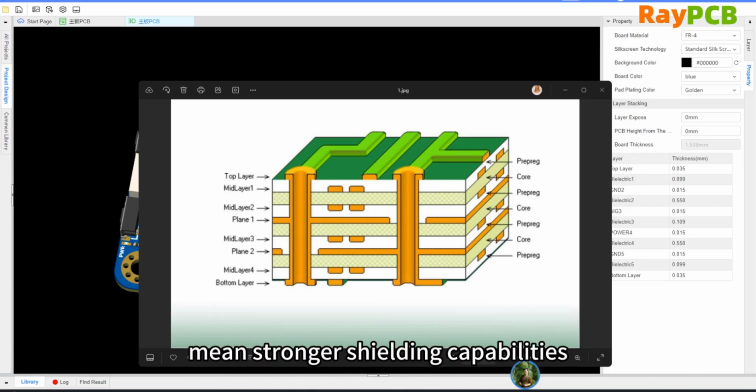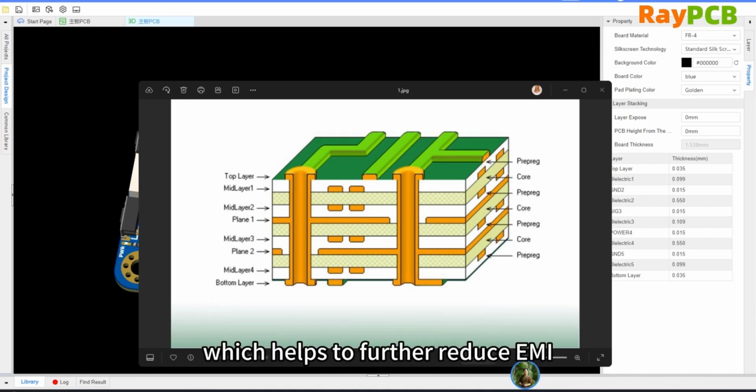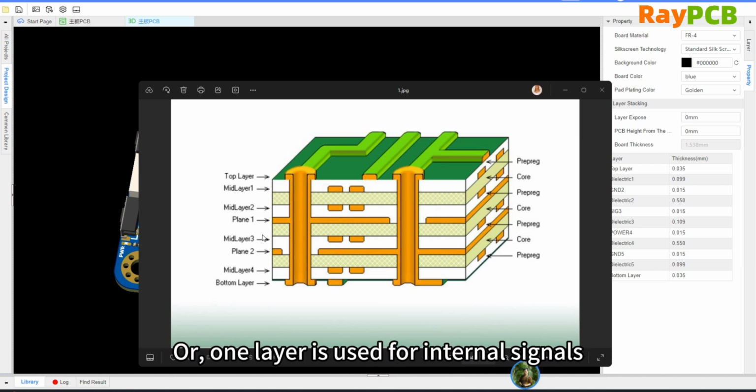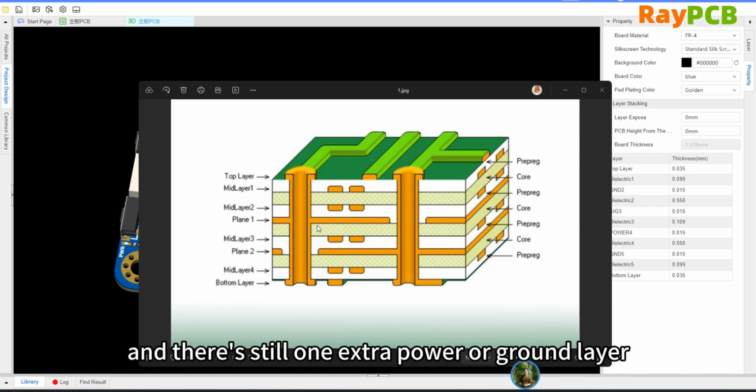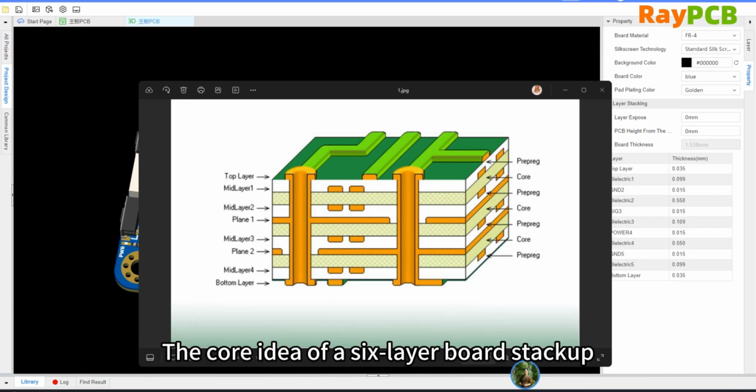More planes mean stronger plane capability and more stable reference techniques, which help further reduce EMI and enhance EMC performance. This is easy to understand. With more plane layers, the power and ground layers increase by 2, or even both layers can serve as power and ground, or one layer can be used for internal signals and another for internal signals as well.